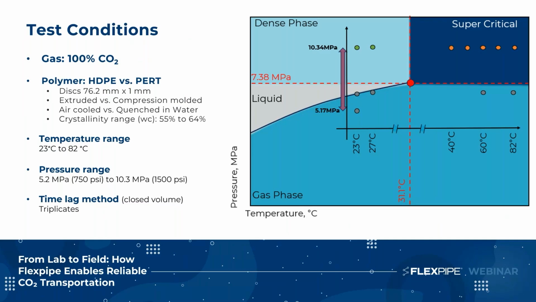The crystallinity range for those films varied between 55% and 64%. For the temperature range, we looked at 23 degrees C up to 82 degrees C, and the pressure range from 7.2 MPa up to 10.3 MPa. Since we're considering a single gas component, the closed volume approach is used here for its simplicity.